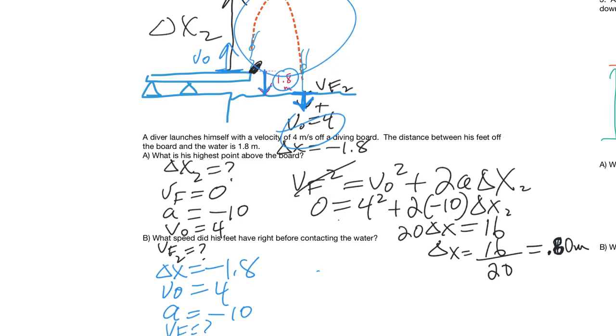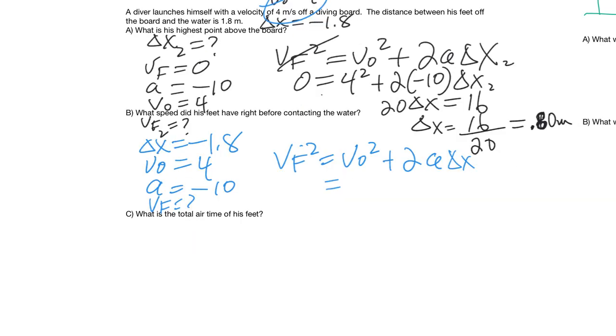Same equation, different terms: VF squared equals VO squared plus 2A delta X. So let's plug in 4 squared plus 2 times negative 10 times delta X, which is negative 1.8.